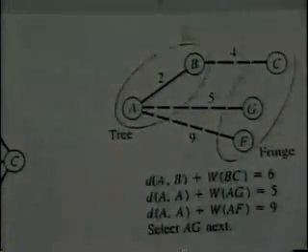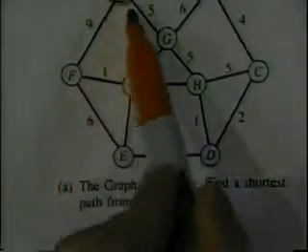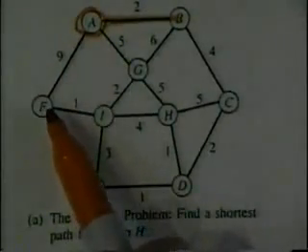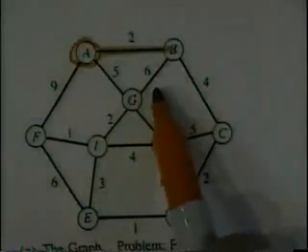Now, what do we know? Starting from A, it takes 2 units to get to B. Let's consider all the vertices that are adjacent to A and B at this point. We can get to F at a cost of 9. We can get to G at a cost of what? 5 or 8?